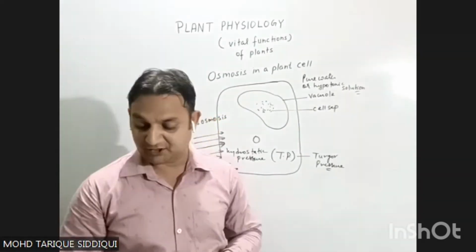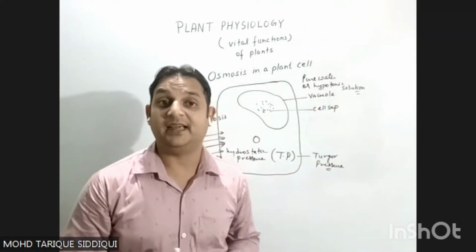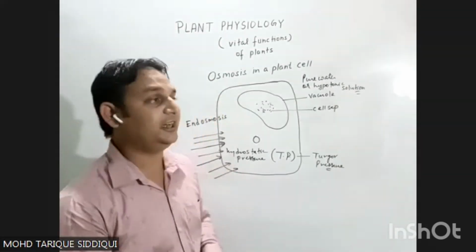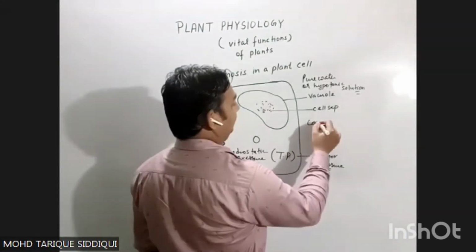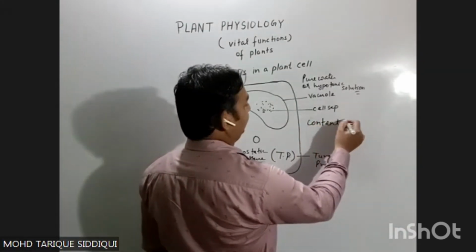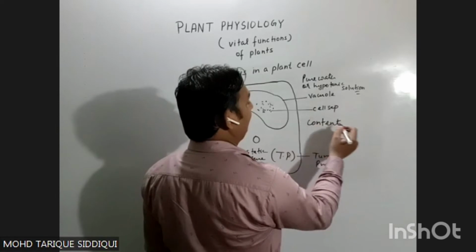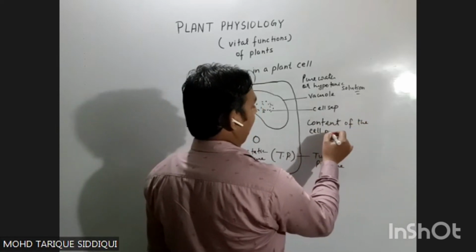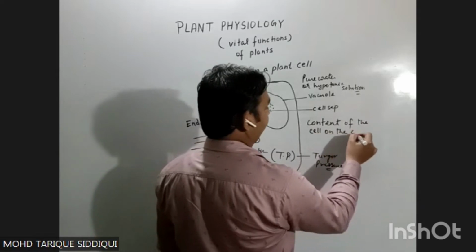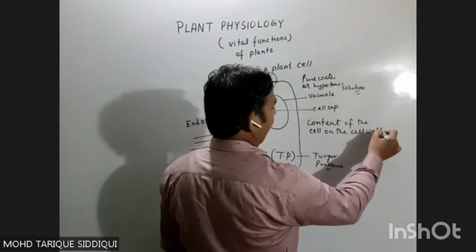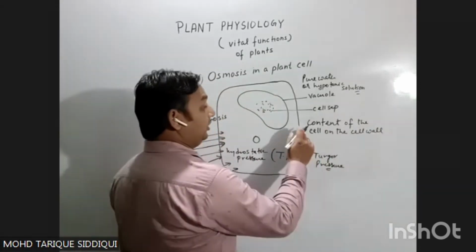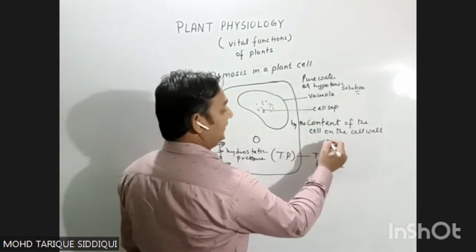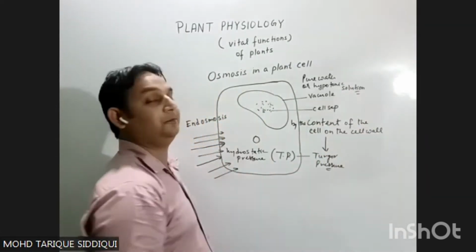The exact definition of turgor pressure is the pressure exerted by the content of the cell on the cell wall.